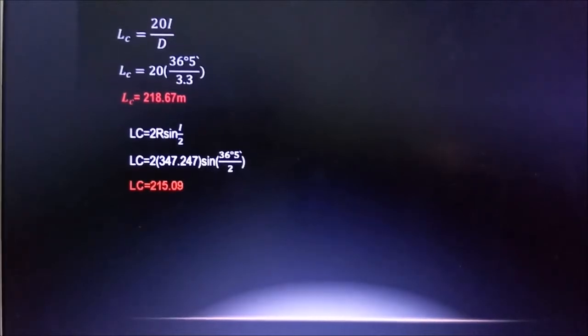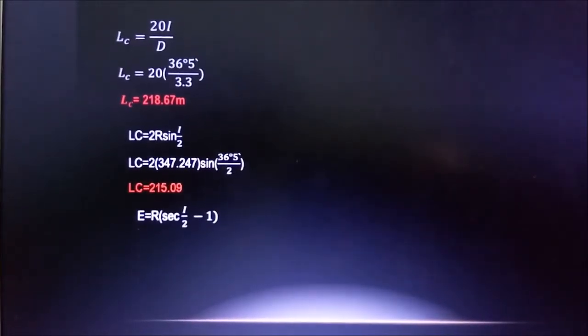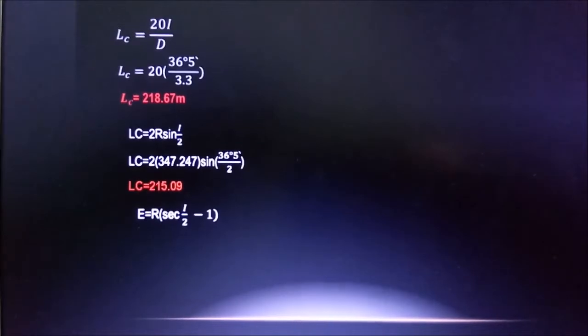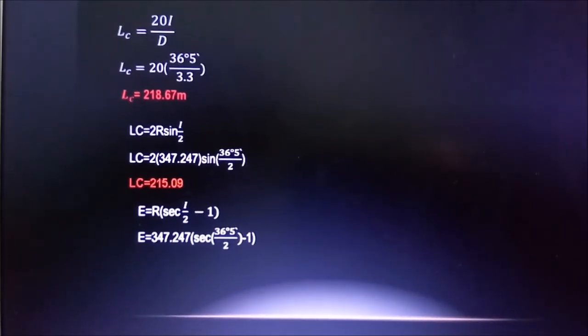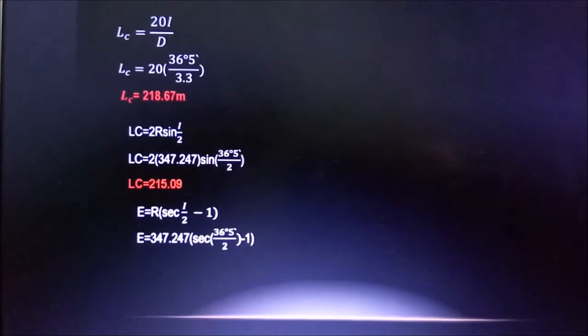Next is E, or the external distance. The formula is E equals R times secant I over 2 minus 1. So E equals 347.247 secant 36 degrees 5 minutes over 2 minus 1.